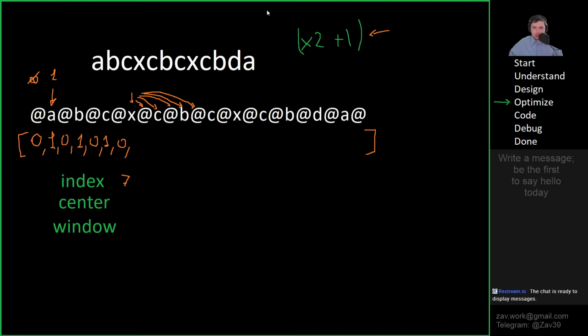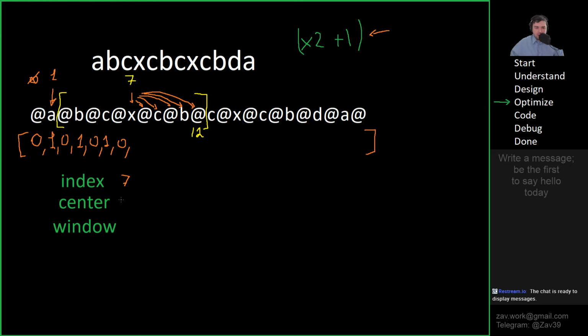We'll have a window like this. So we start from 7 and go up to 8, 9, 10, 11, 12. So we have an index of 12 here.